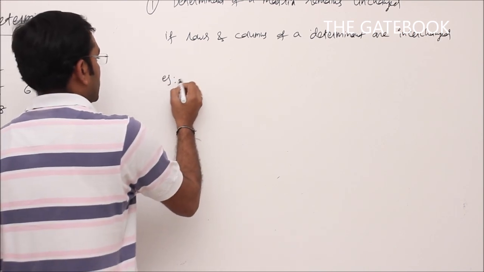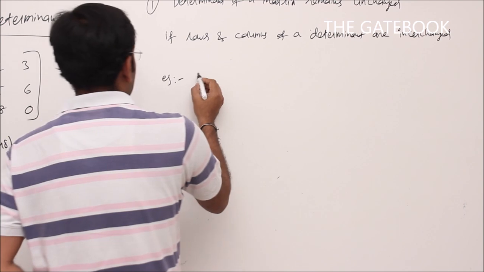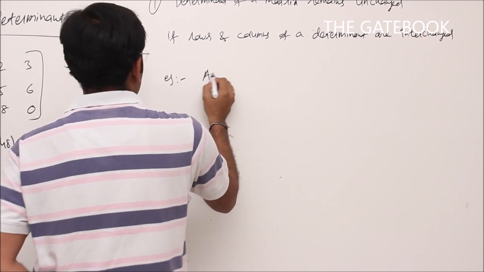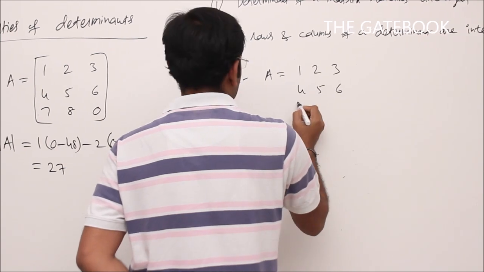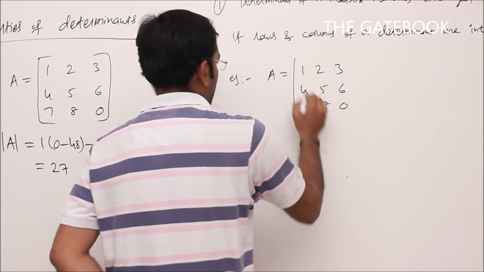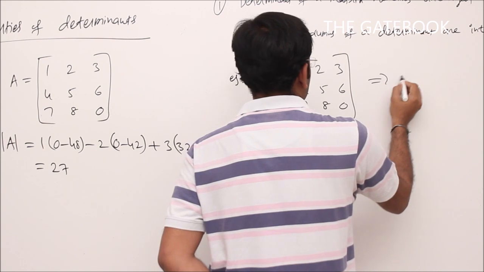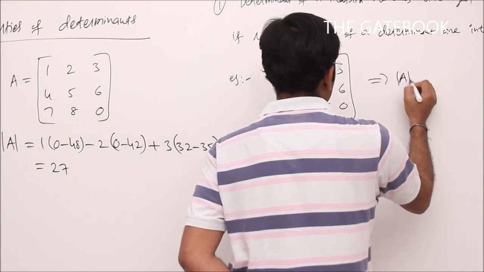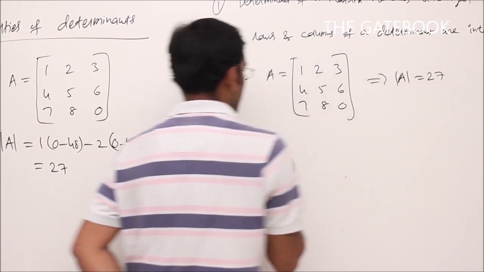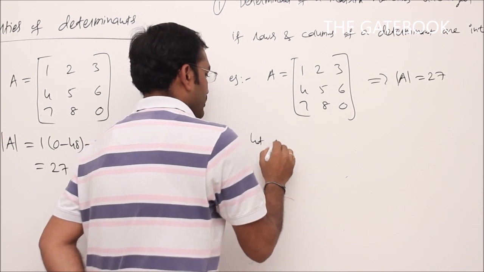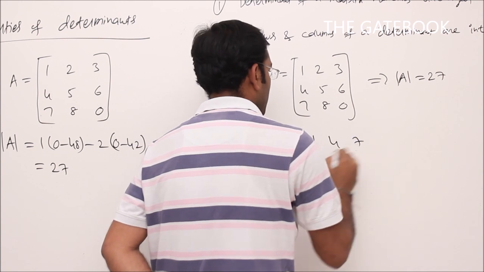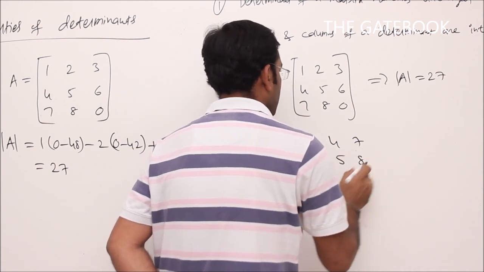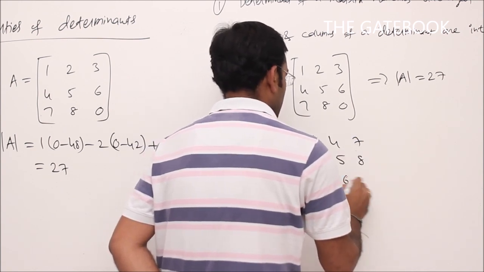For example, consider this matrix A equal to 1, 2, 3, 4, 5, 6, 7, 8, 0. We already found the determinant of that matrix to be 27. Now let another matrix B be 1, 4, 7, 2, 5, 8, 3, 6, 0.